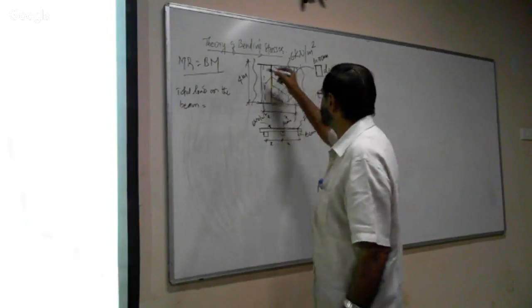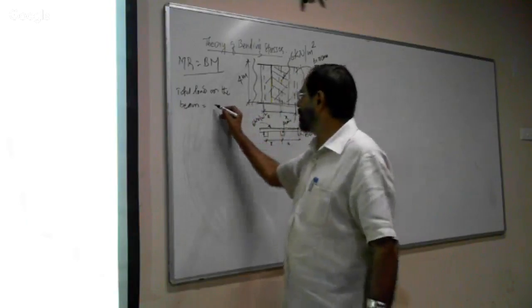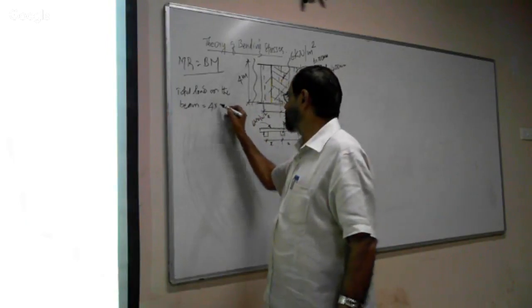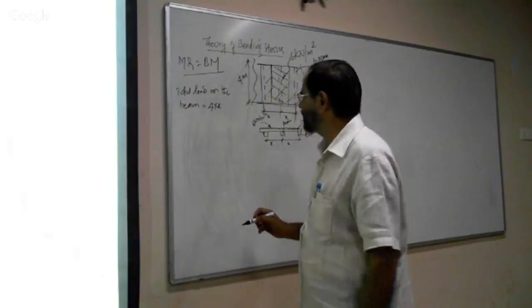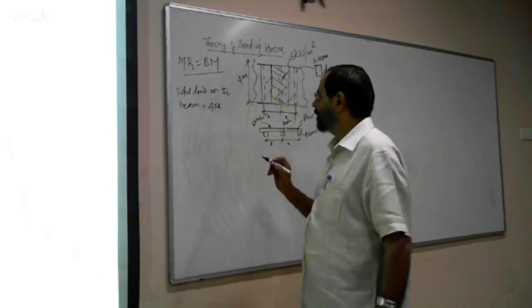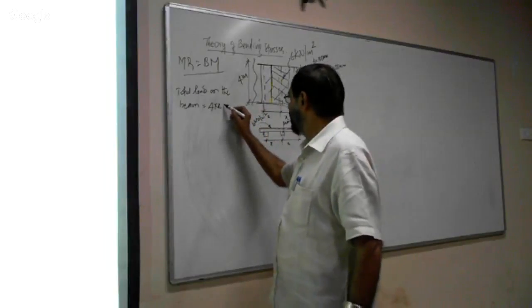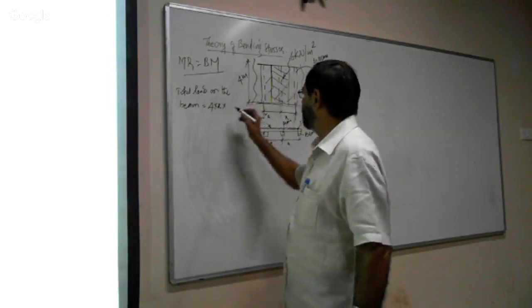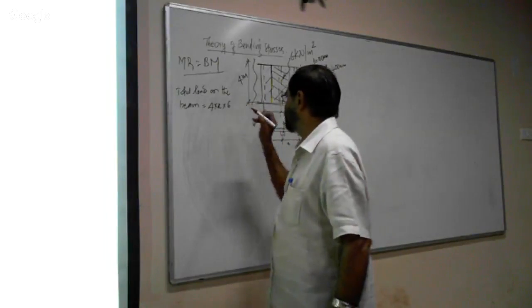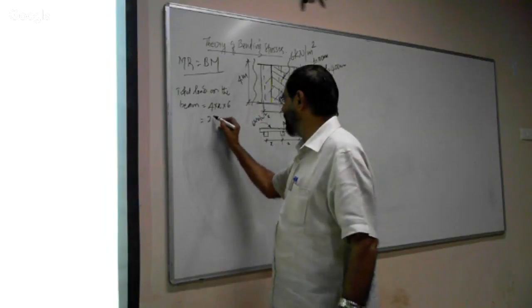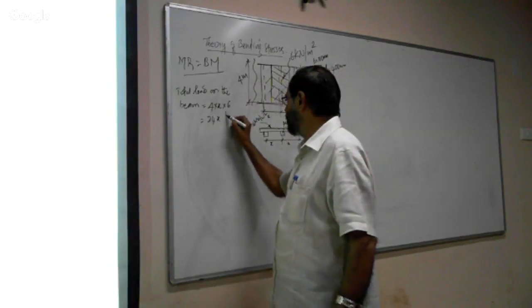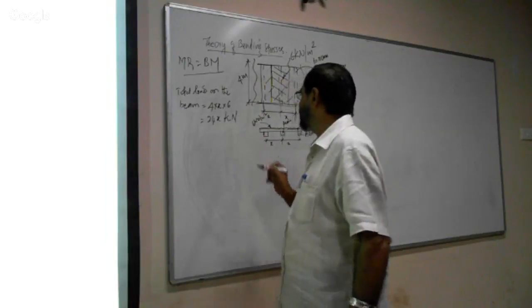This area is 4 into x, 4 meter into x meter is the area. Therefore, the total load is the intensity of the load per meter square, that is 6 kilonewton per meter square. Therefore, it is 24x kilonewton load acting on the beam.